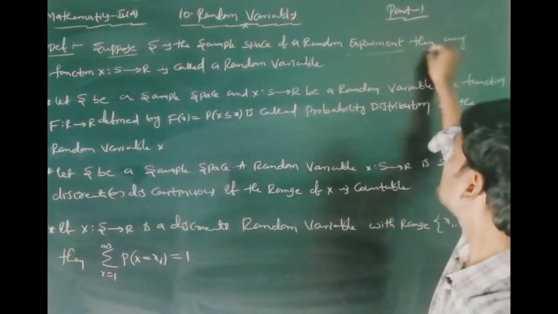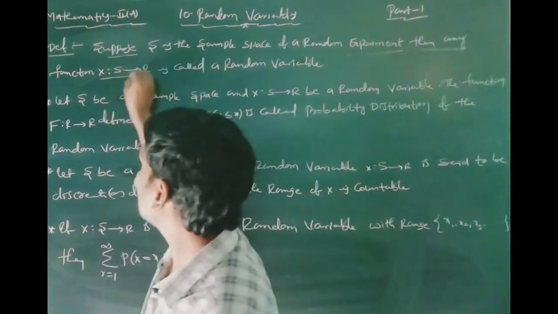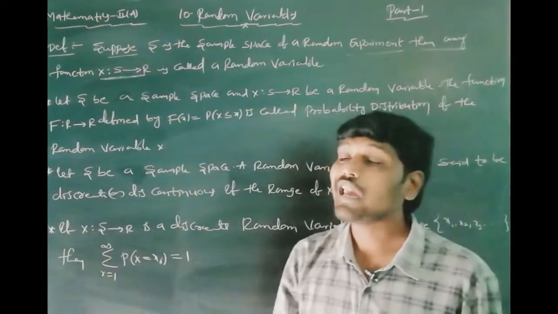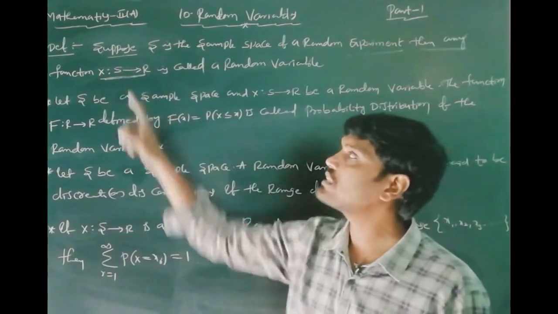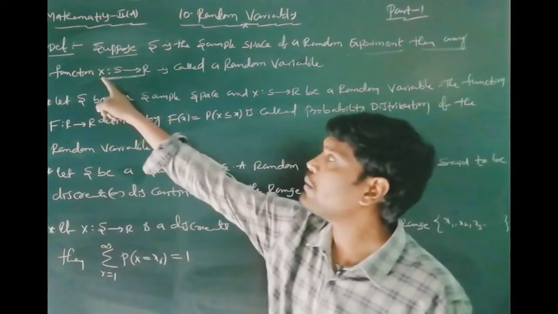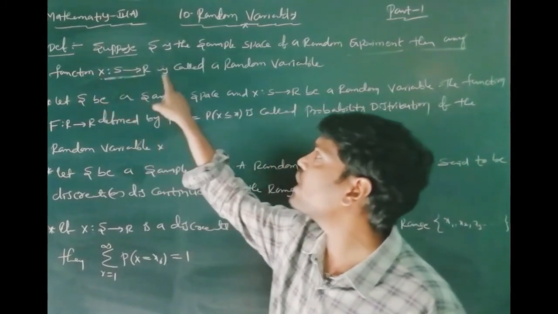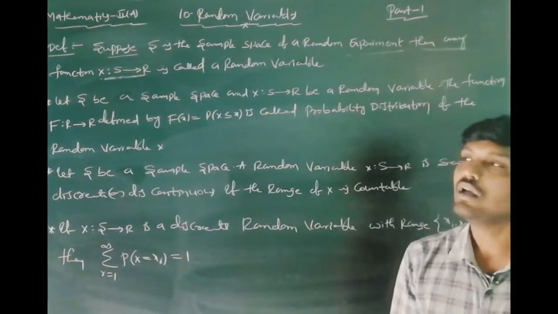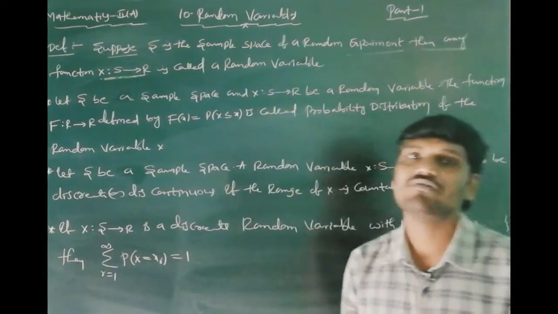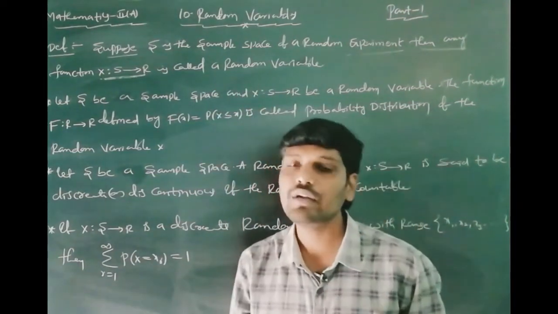After that, take any function capital X from S to R. Here S is the sample space. Any function capital X from S to R is called a random variable. This is the random variable definition.